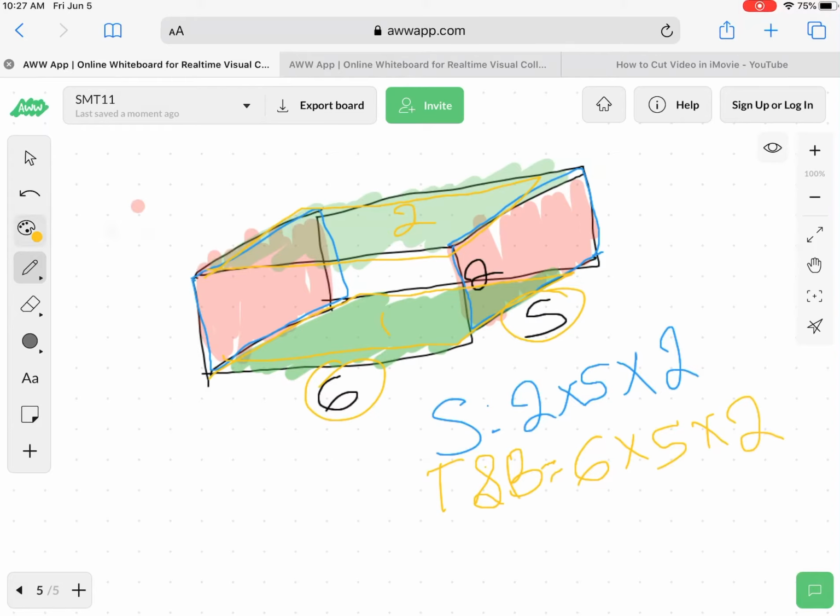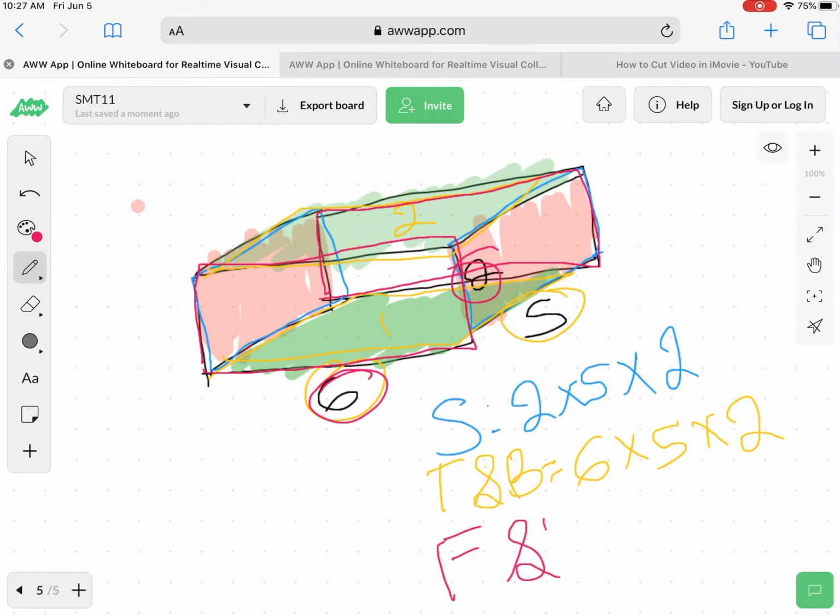Now finally, our last one is front and back. So the dimensions that we're dealing with in front and back are 6 and 2. So 6 times 2 times 2, because there's the front and the back.